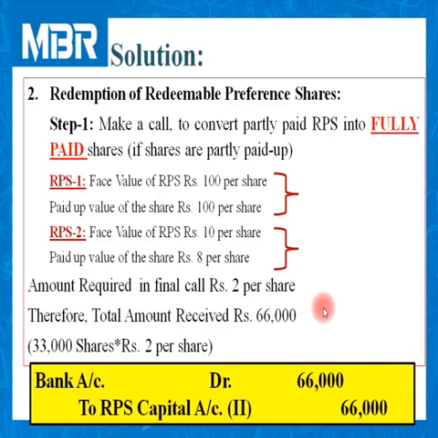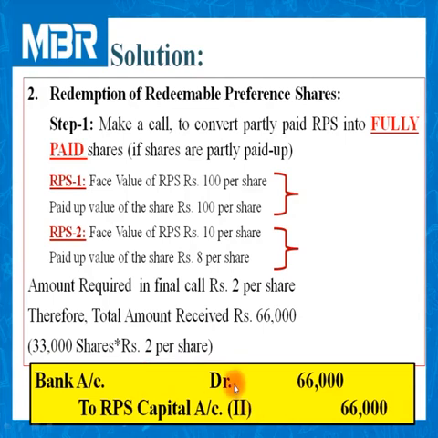Let us pass the journal entry for this transaction. We have received 66,000 from RPS holders on RPS capital number 2. Number 1 is fully paid up, so we need to call only from capital 2.